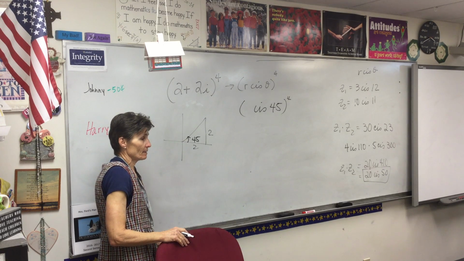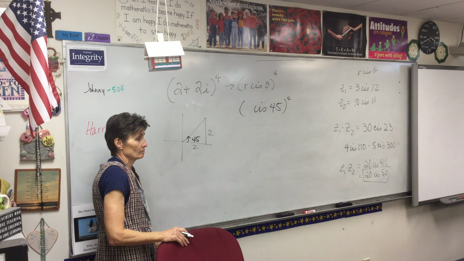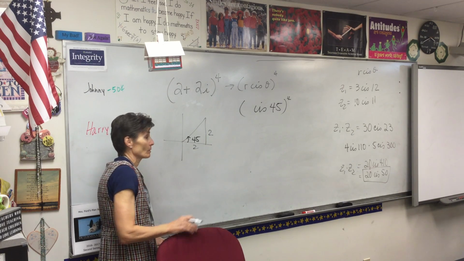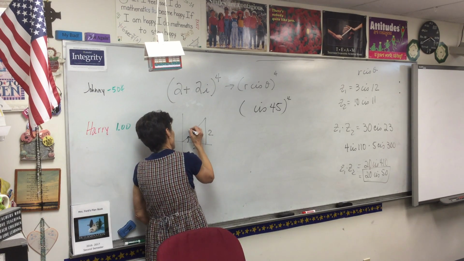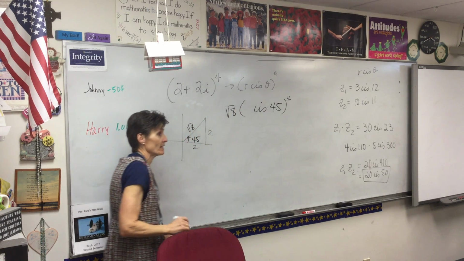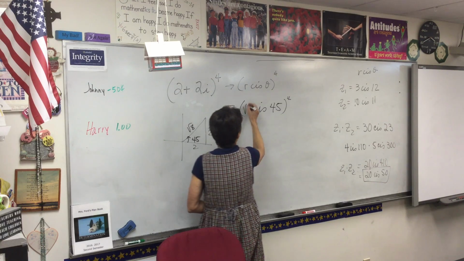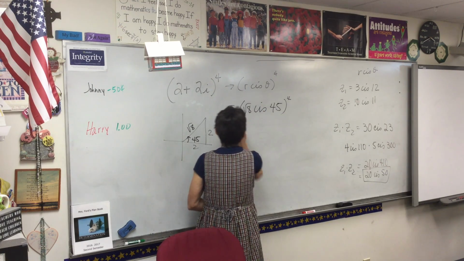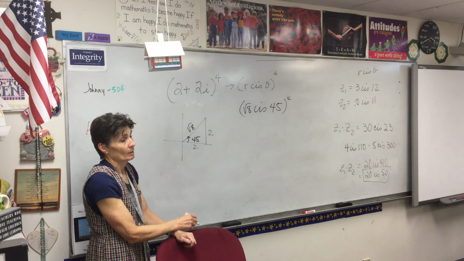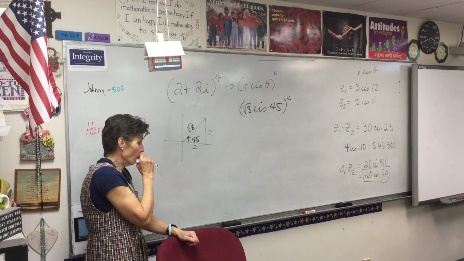What's r going to be? 2 root 2? Or the square root of 8? I'm going to leave it as the square root of 8 and you'll see why in a minute. It's 2 root 2. If you want to use 2 root 2, go ahead.